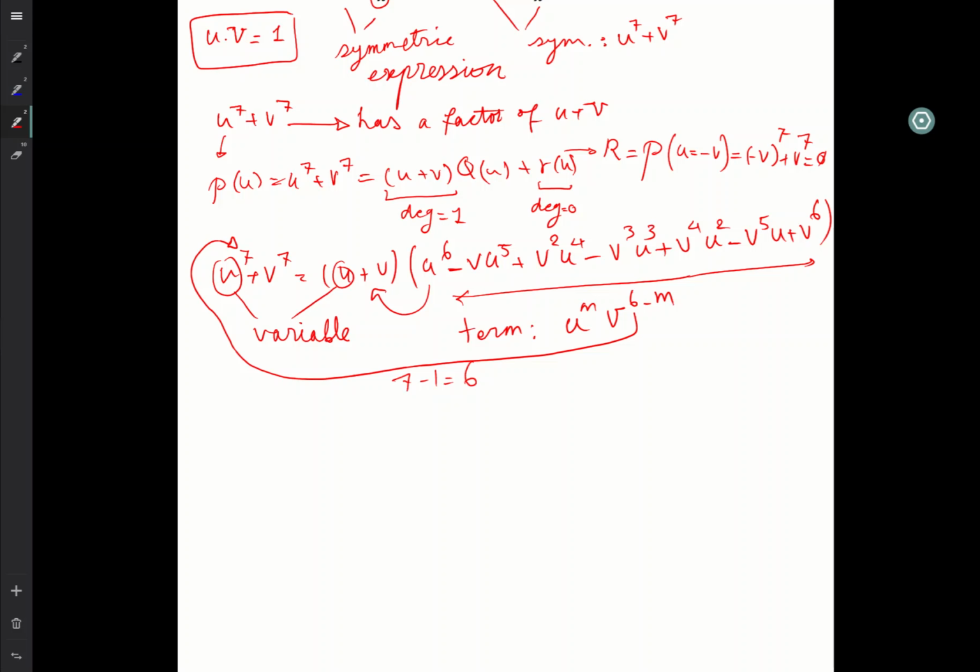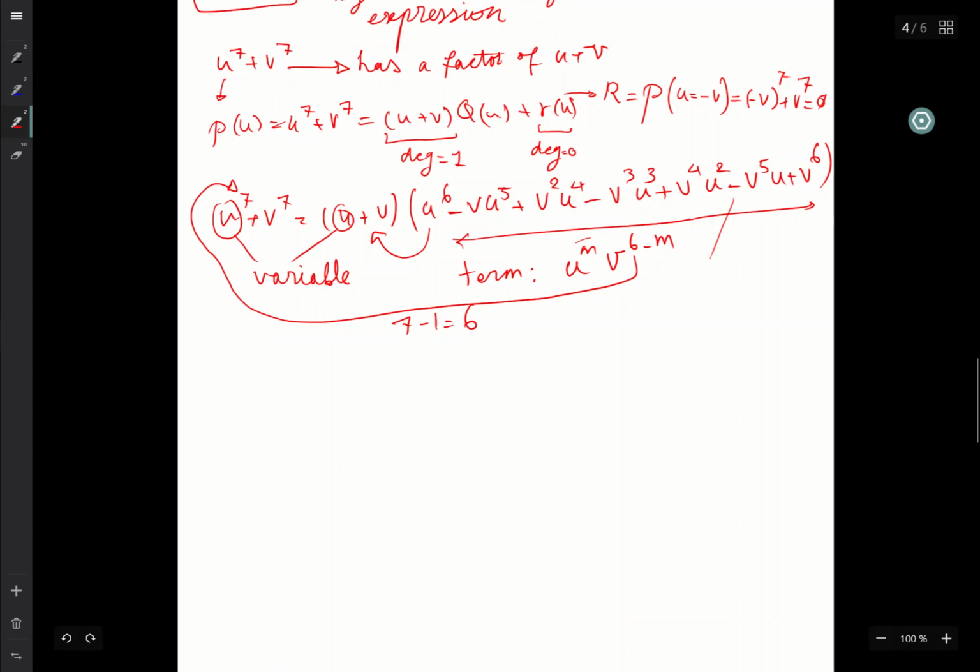And the reason is obvious, because all of these terms have to have a power of 6, so that when we multiply them by u or v, they give us u to the 7 or v to the 7. And the fact that the sign alternates between plus and minus helps us to cancel out all the other terms. So whatever remains eventually is u to the 7 plus v to the 7. Okay.